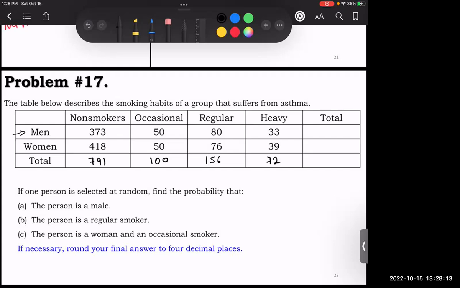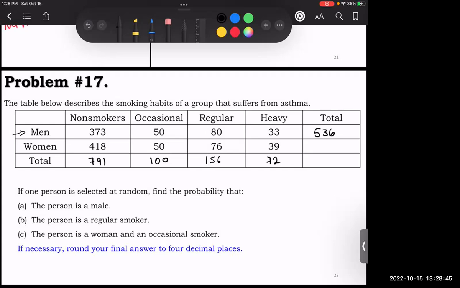So you go from 373 all the way up to 33. So if you add those 4 numbers, what do you get? 536. And now you do the same thing for women. So it's 418 plus 50 plus 76 plus 39. That would be what?